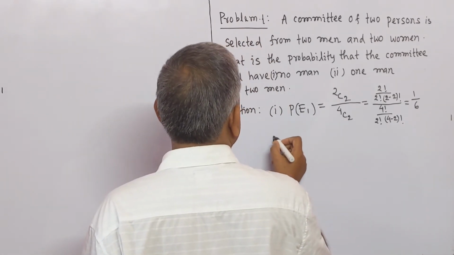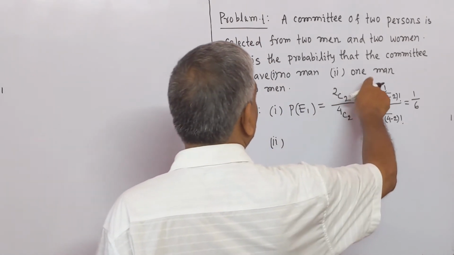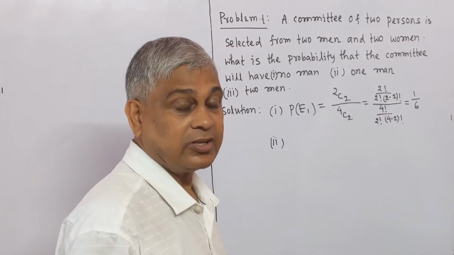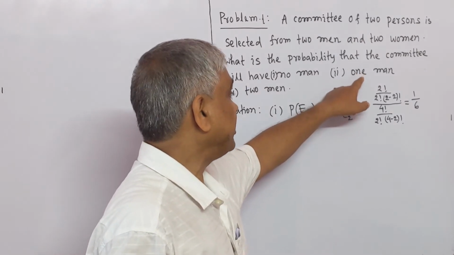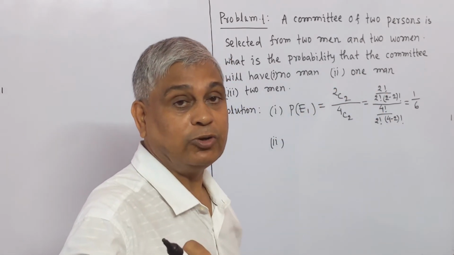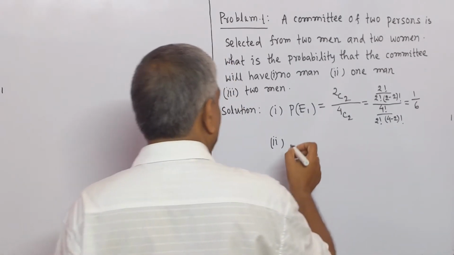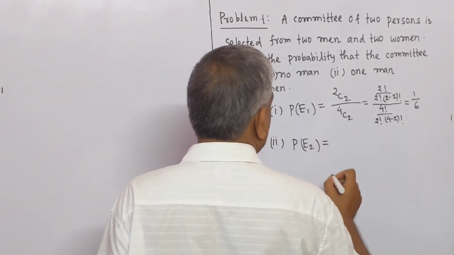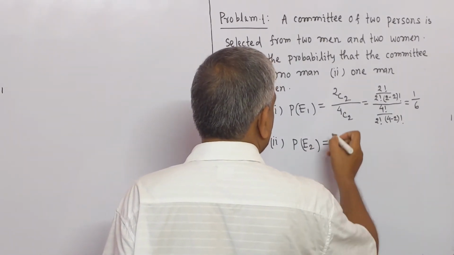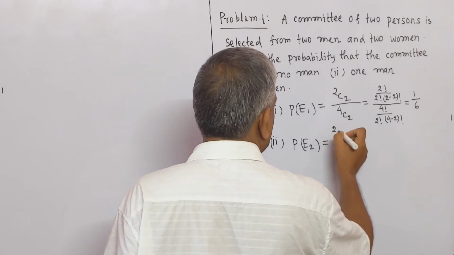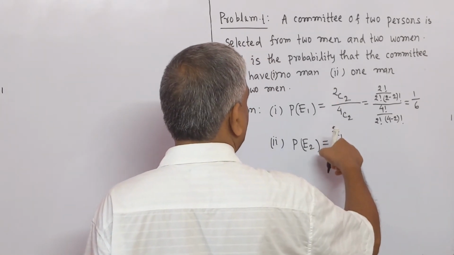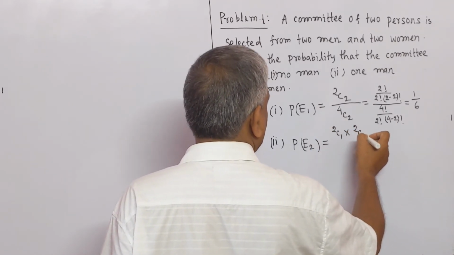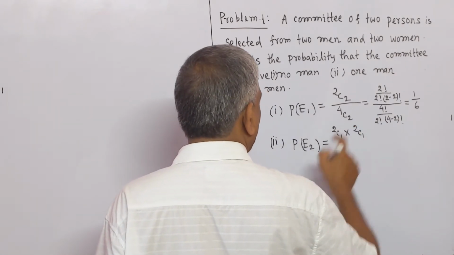Number 2: 1 man. Since in the committee we should have 2 persons, given that we have to select 1 man, then the other person will be 1 woman. So probability of this event will be number of elements in event, 2C1, 1 man out of 2 men, multiplied by 2C1, 1 woman out of 2 women.